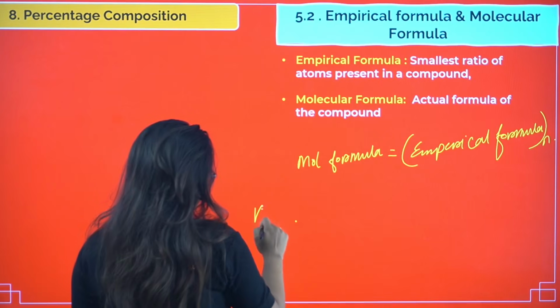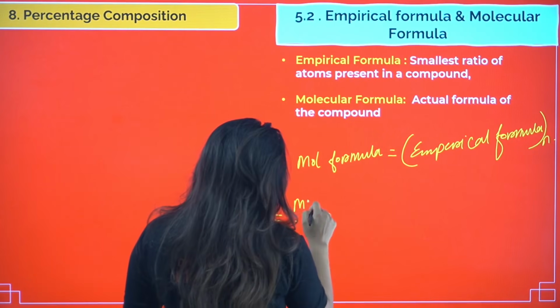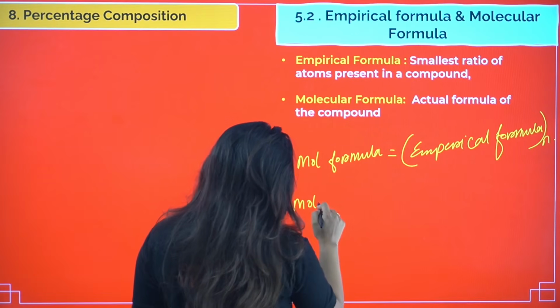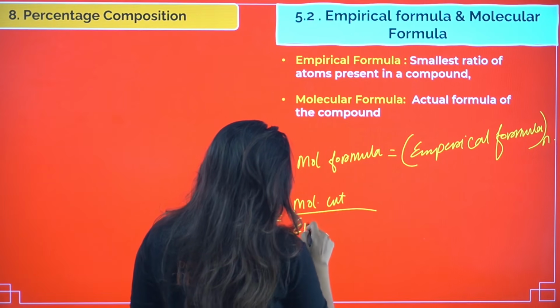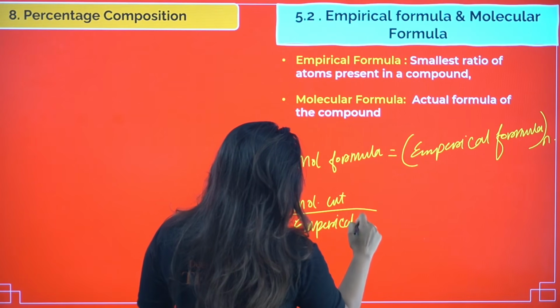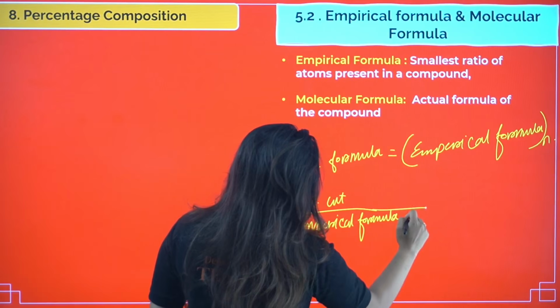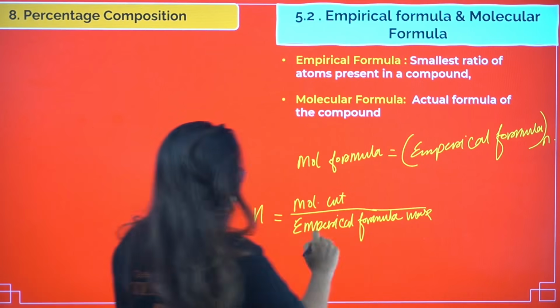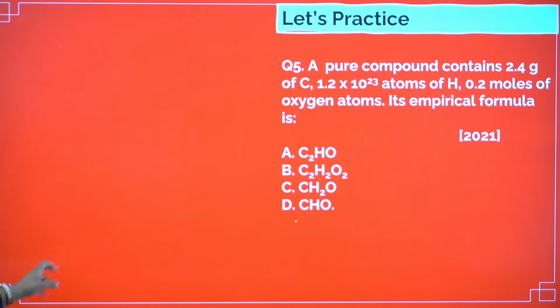So what is n? n is basically molecular formula mass, or molecular weight simply you can write, divided by empirical formula mass. If you do this thing, you will get the n value. Okay, so let's proceed further.